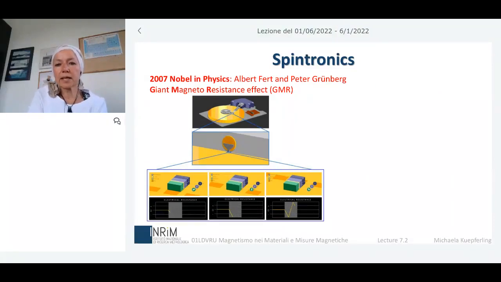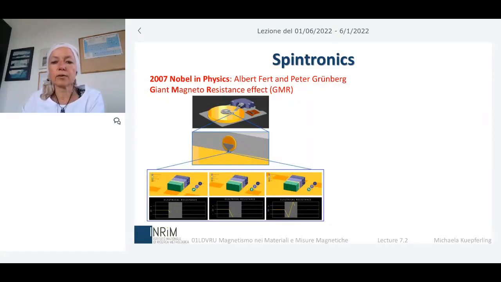Spintronics started with the semiconductor community, but moved very quickly towards the magnetism community, and there it really found very fertile ground. Nowadays, as Vittorio told you, many researchers in magnetism are working in spintronics, and this was pushed very much by the finding of the GMR, and especially by the award of the Nobel Prize in 2007.